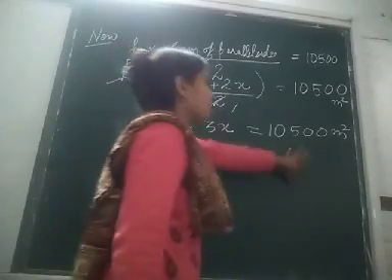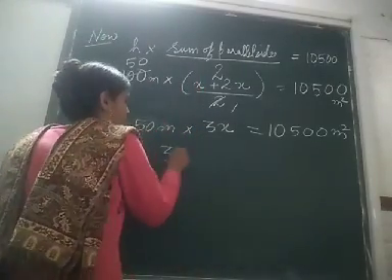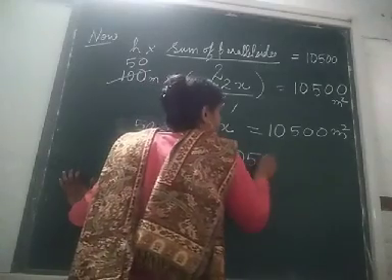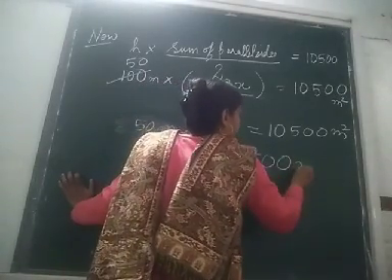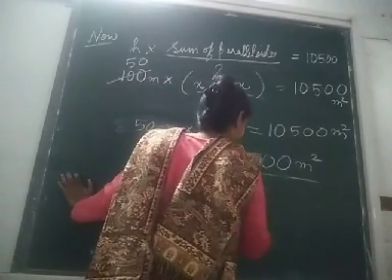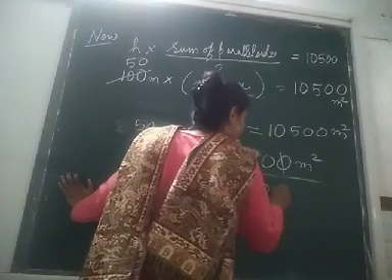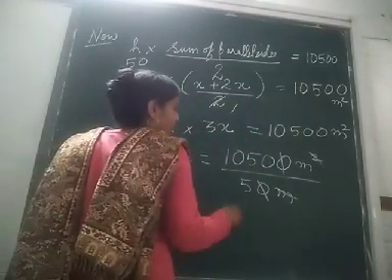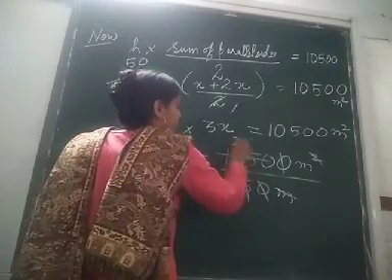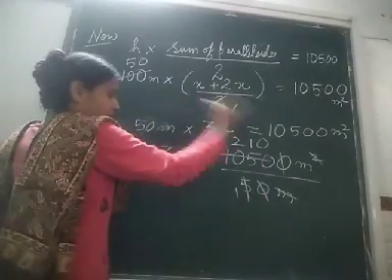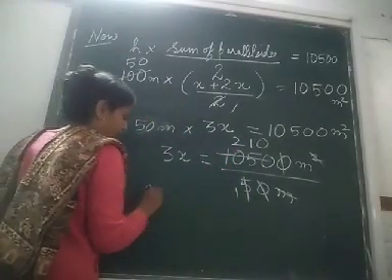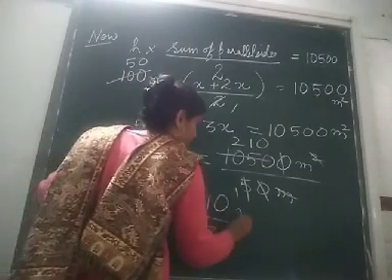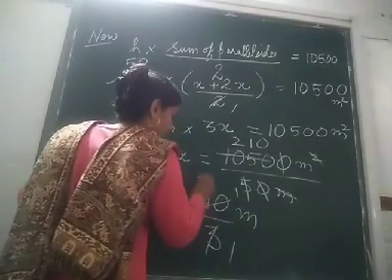50 meters comes this side. So 3x, it's a multiplication, it becomes division. Meter and meter get cancelled. 5 and 1050 get cancelled, 5 twos are 10, 5 ones are 5, 0. Now this 3 shifts this side, it's a multiplication, it becomes division.